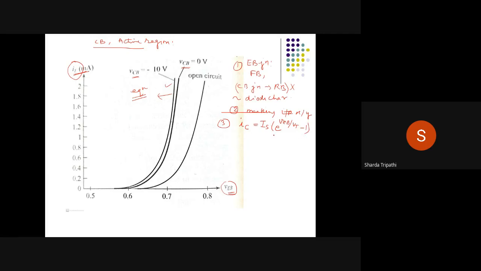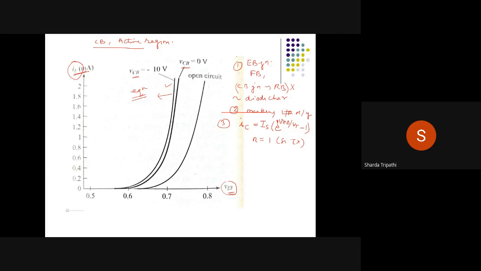So this expression is almost the same as the expression for the forward current for a given diode. The only difference is that here I am not writing eta, otherwise it was eta into V. In this case, eta is equal to 1 if you are considering the silicon transistor. So I have substituted eta as 1, and then the collector current is given by this equation.